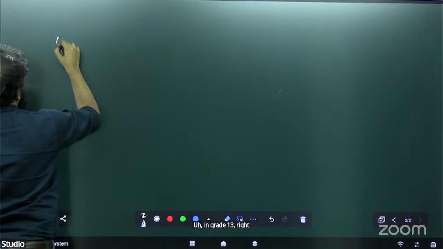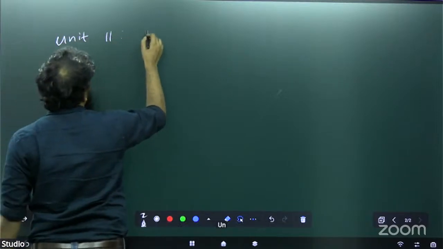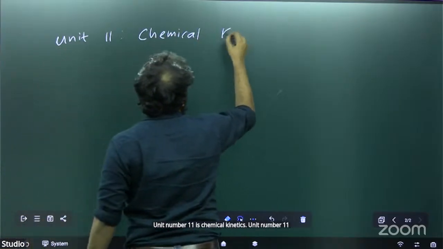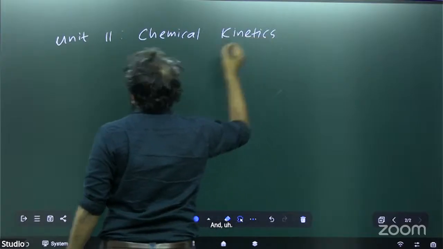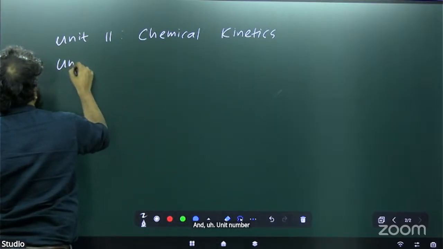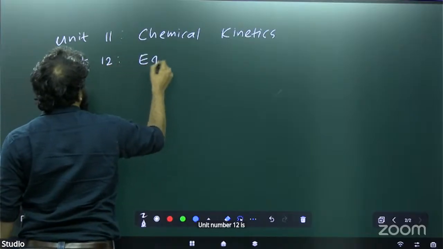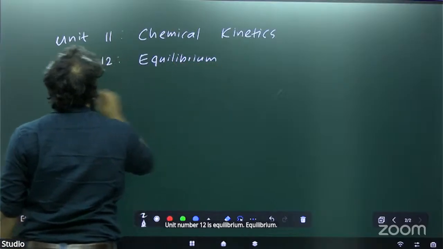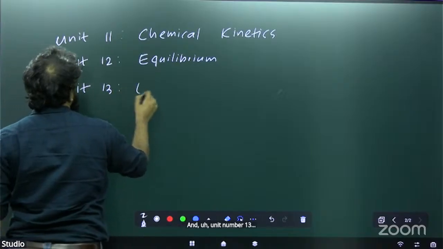Unit number 11 is chemical kinetics. Unit number 12 is equilibrium. Unit number 13 is electrochemistry.